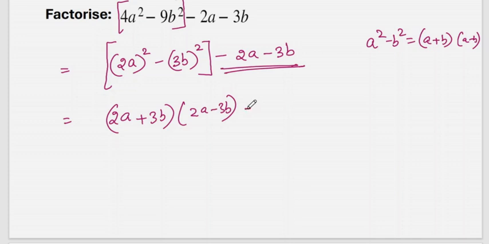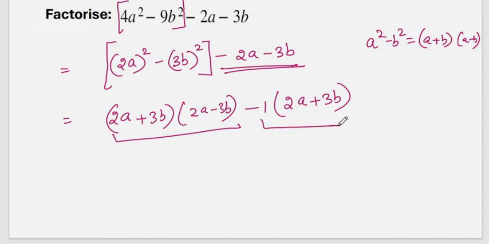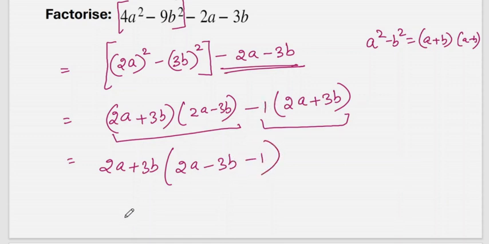So, you can see minus 1 can be taken as common and you are left with 2a plus 3b. Okay. Now, you look at this and this. You can see you have 2a plus 3b common in both. So, you are left with 2a minus 3b and here minus 1. So, this is your final answer.